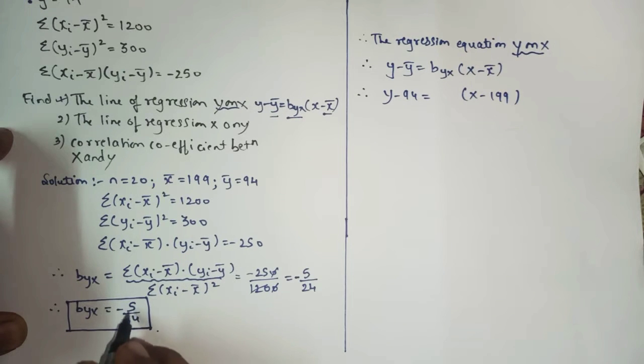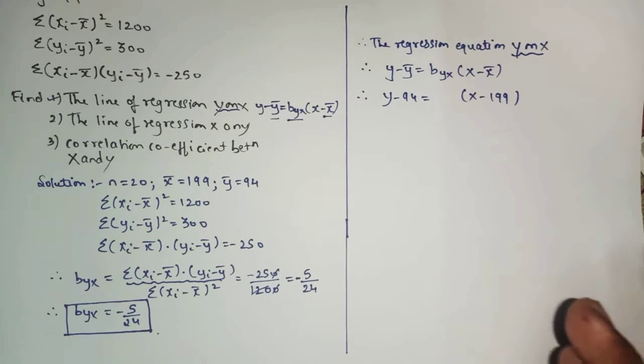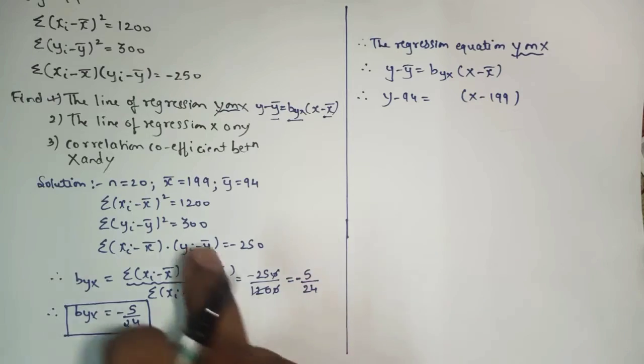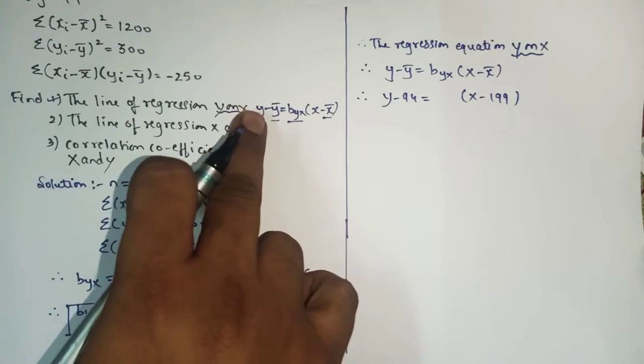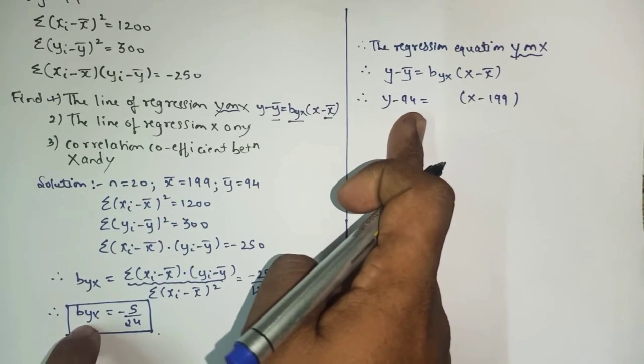If you want you can divide this number, or else you can keep the value of byx as it is. Now remember, here we have to find the regression equation y on x, not bxy.